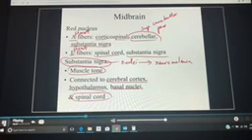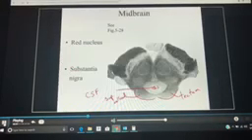Now, don't get tricked here, folks. Be careful with the nomenclature. This is the cerebellar peduncle, not cerebral. Cerebellar peduncle. Don't confuse that with the crus cerebri or the cerebral peduncles. Cerebellar peduncles. Okay, so not much to add to that.